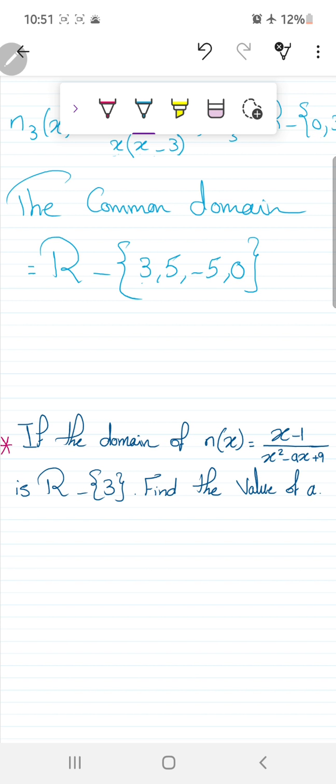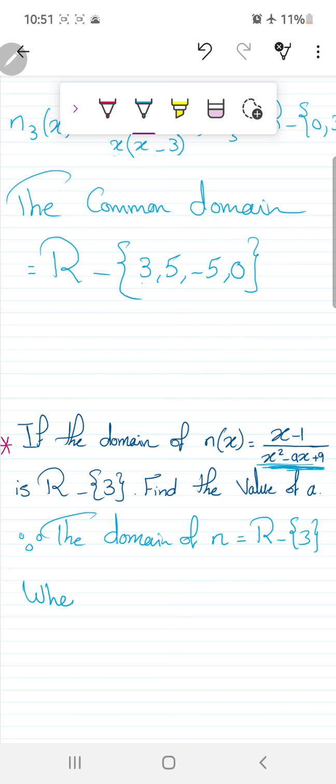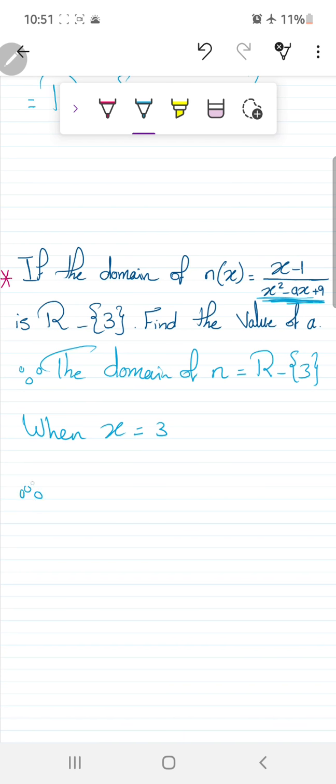It means when we substitute x equals 3, we get the denominator equals 0, which is the denominator x squared minus ax plus 9. So since the domain of n equals R minus {3}, when x equals 3, we get the substitution in the denominator.